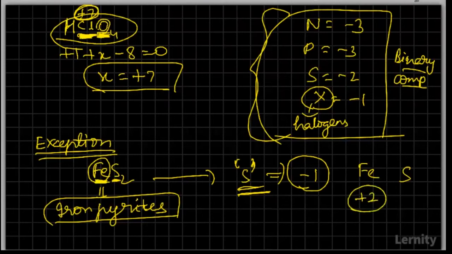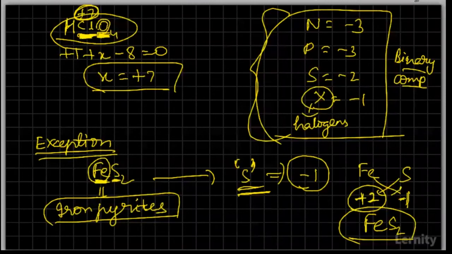If it is +2, then only if I take sulfur as -1 will I get the compound I have taken here, FeS2. If you had taken +3, would I get FeS2? If I take +3 over here, definitely not, right? So that's how you have to decide correctly whether to take +2 or +3. I hope it's clear now.